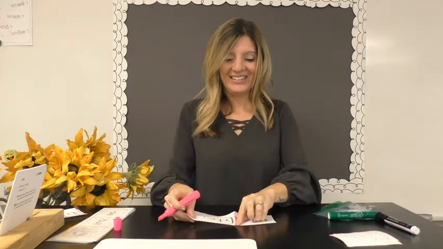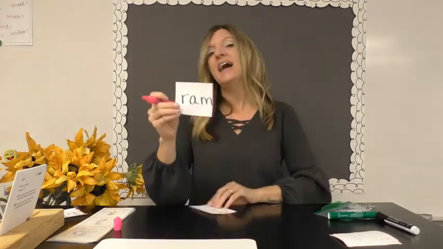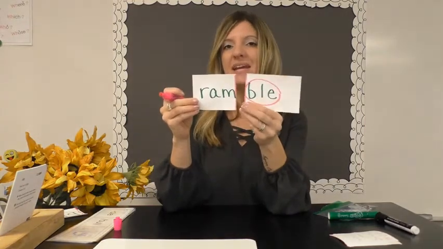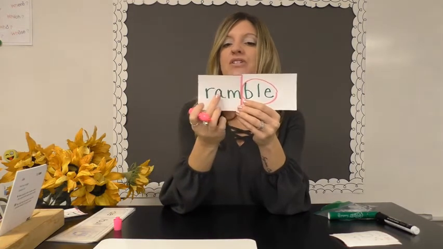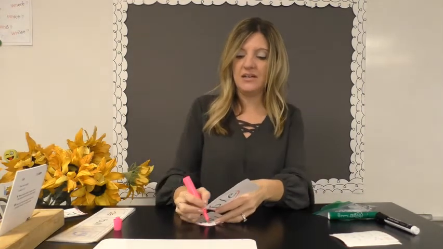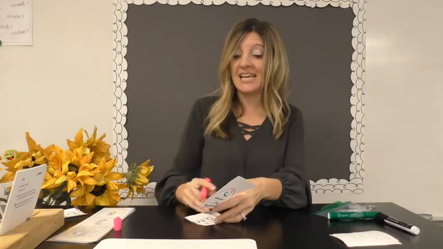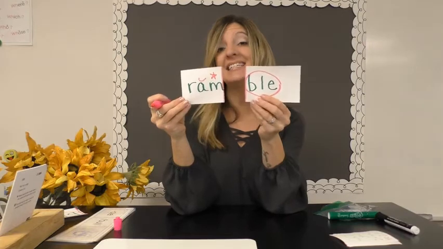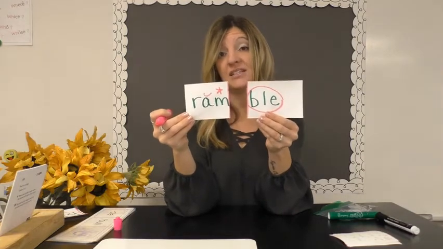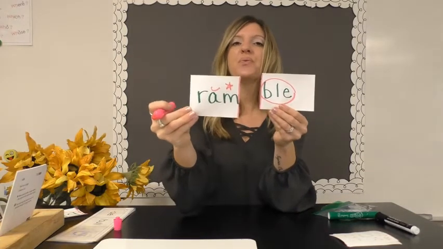So then I'm going to look at my first syllable. And although this wasn't a doubled B, it does have its own keeper consonant here. So I know that the A is short. Whether it's the same letter as the consonant in the consonant LE or not, it's still a guardian or keeper consonant. So this would be ramble.